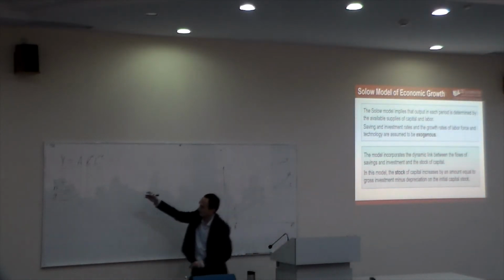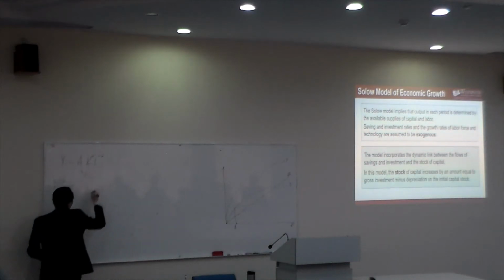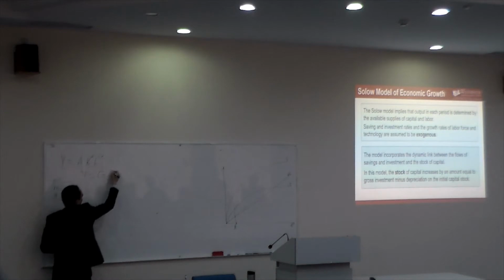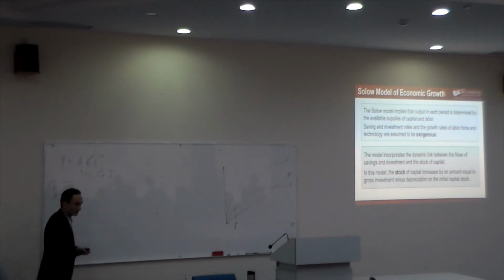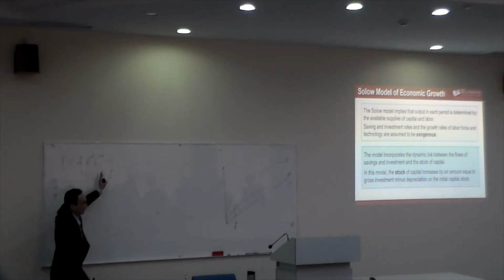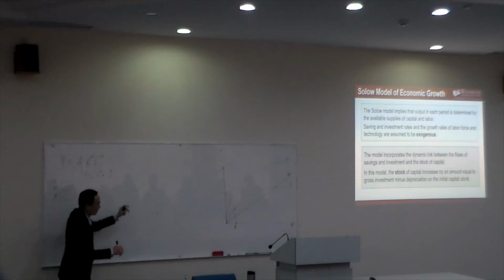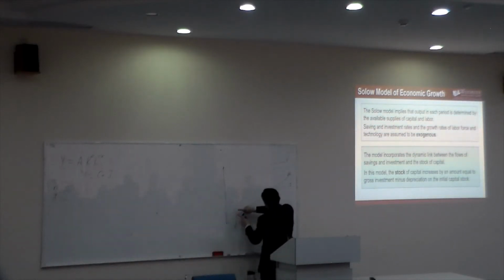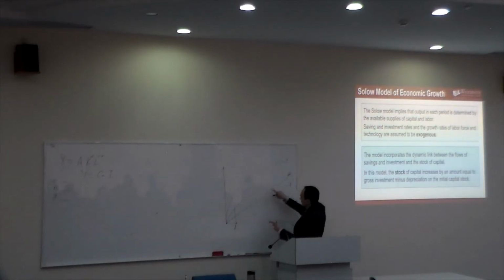You know that output is equal to consumption plus investment. We will consume, as we talked last week, and the remaining we are going to invest. So this curve represents the investment curve.